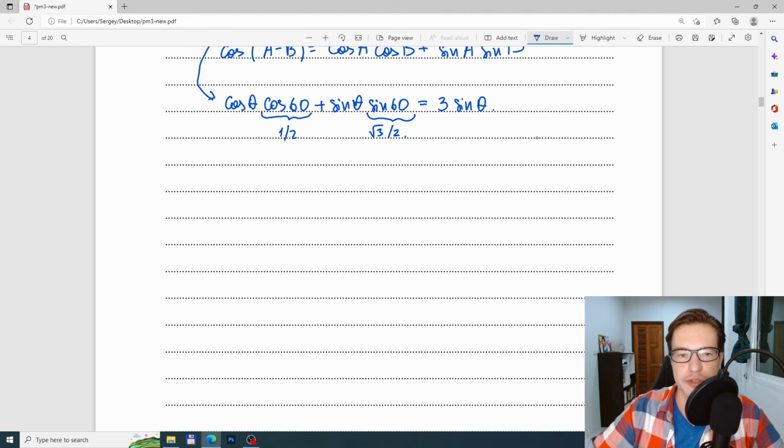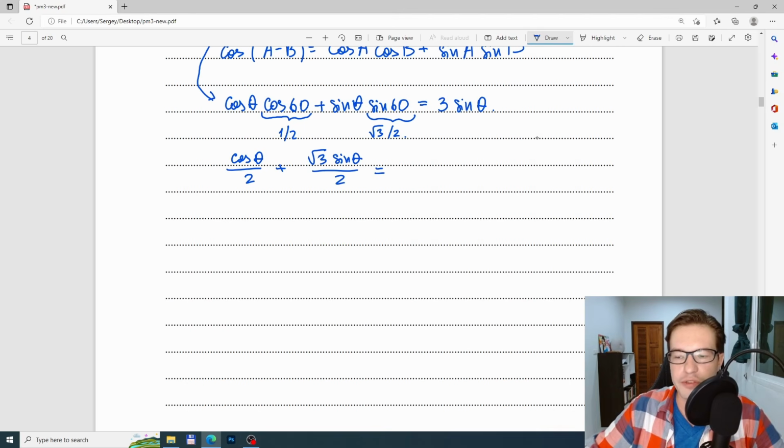Okay, I'm going to substitute this into the equation. So I'll get cosine theta over 2 plus square root of 3 times sine theta over 2 equals 3 sine theta. Okay, now in this equation I have sine and cosine at the same time. That's not really good.